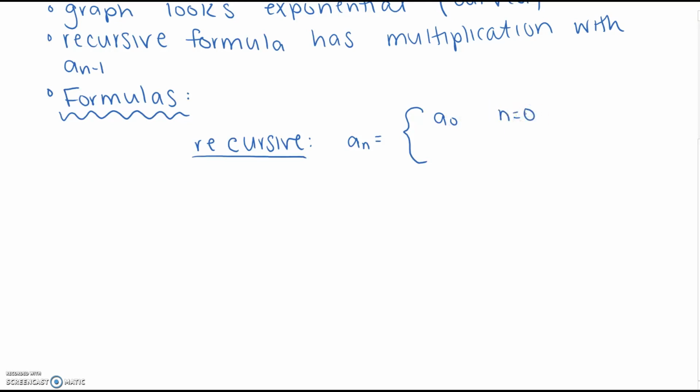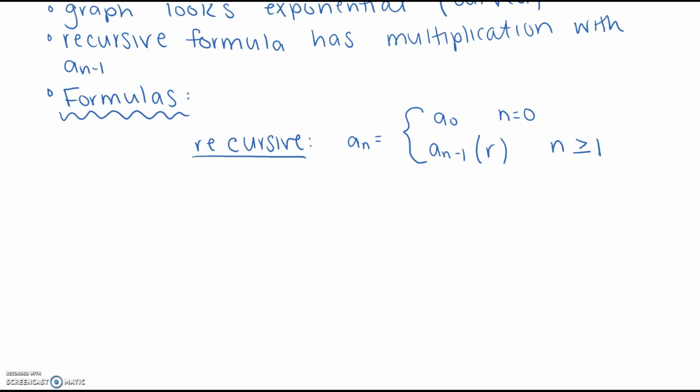So we start with 0 with geometric. If you'd like to, you can also start with 0 with arithmetic. And then a sub n minus 1 times r, that's our common ratio, when n is greater than or equal to 1. So that is the recursive formula.